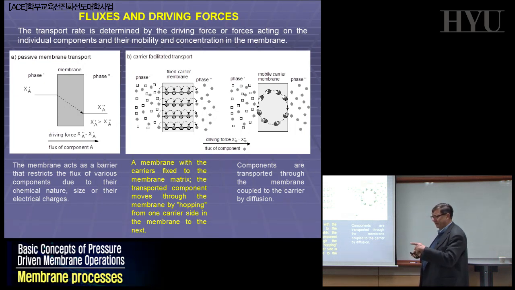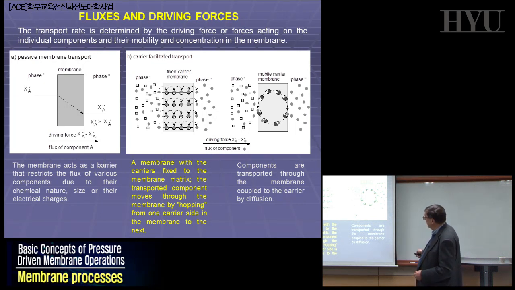The same is happening in electrolytes, when hydrogen ions are moving in an electrolytic solution, for example. So you can jump from one fixed place to a vacancy or any defect which is present, and move across much faster; the component can interact with this position. So that's a fixed carrier membrane.